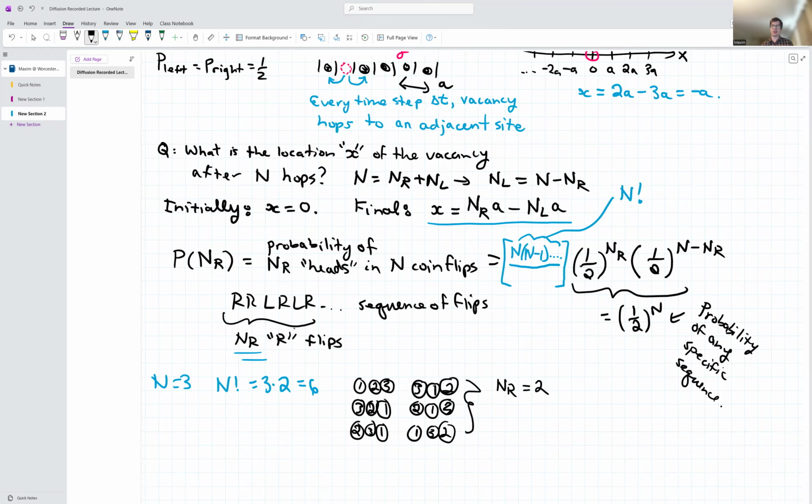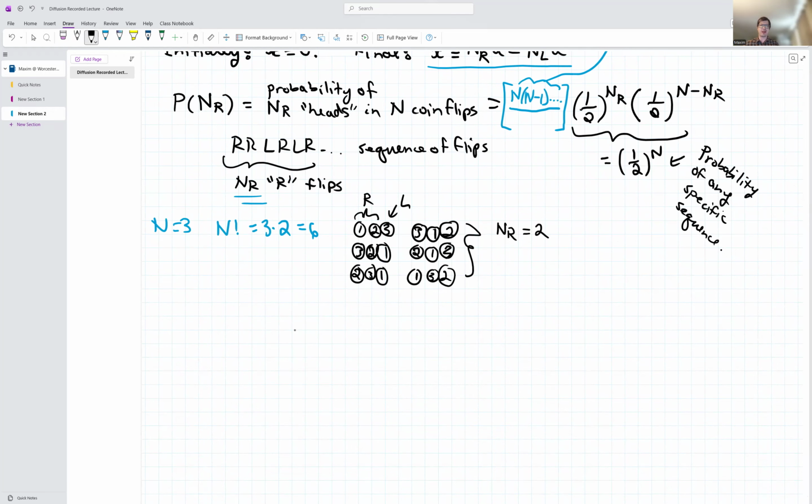We know 2 of them are going to be heads, or to the right, and 1 of them is going to be tails, or to the left. That means we're overcounting. If 2 of them are to the right and the third is to the left, and I write out these 6 possibilities, it's right, right, left, and then left, right, right, and then left, right, left.